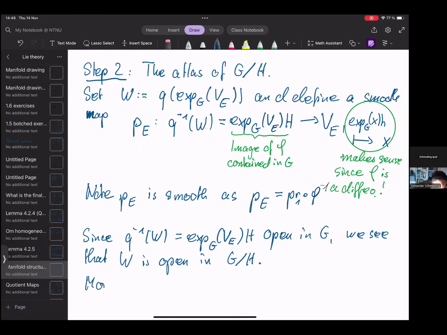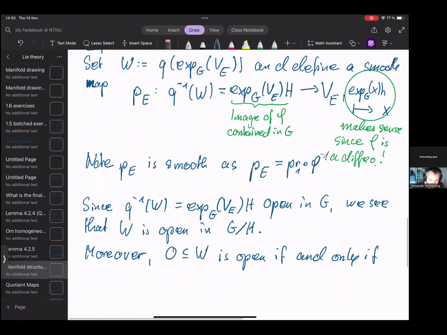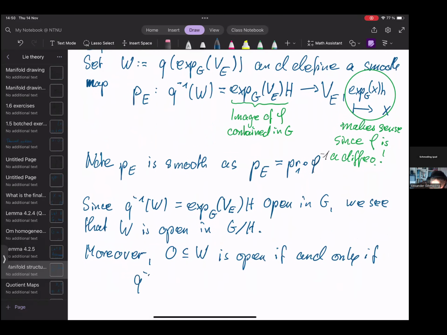So moreover, basically by construction, and this is very nice that we have done a lot of the hard construction work of this map phi before, we see that a set O contained in W is open if and only if Q inverse of O is open in Q inverse of W.